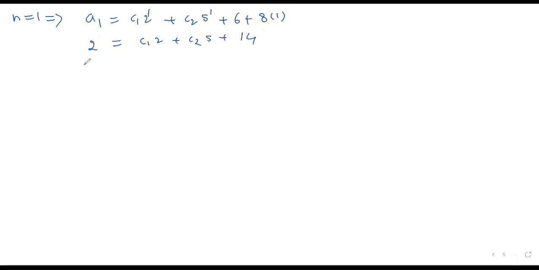This 14 comes to this side: 2 minus 14 equals 2C1 plus 5C2. Simplifying, 2C1 plus 5C2 equals minus 12. This is equation B.